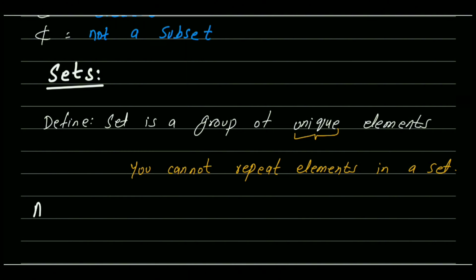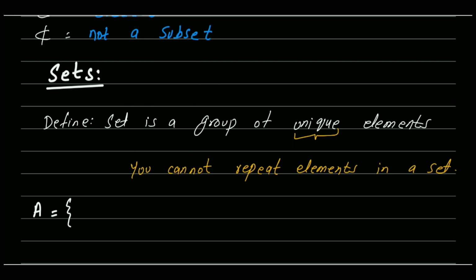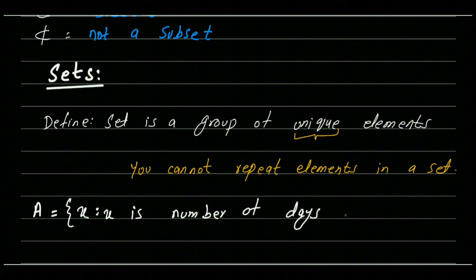If A is a set, X such that X is number of days in a month, how will we read it? This is called set notation form.